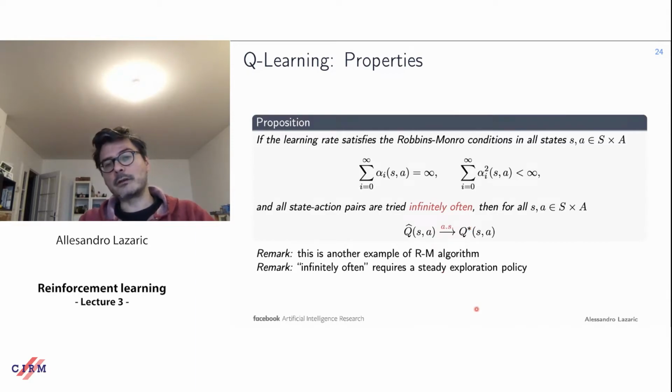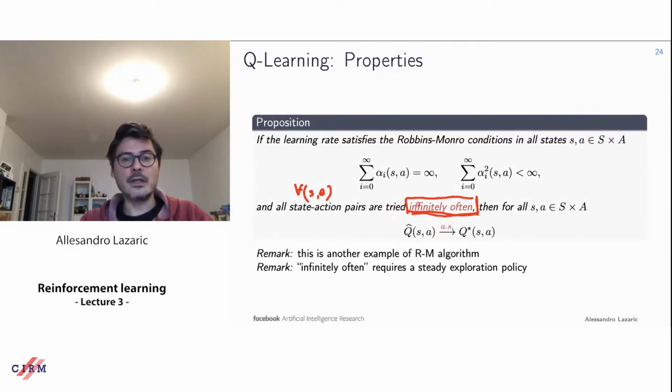Now, there is only one caveat here, which is very important, which is this one, that the first time you read it doesn't mean anything, honestly. It says all state-action pairs are tried or visited infinitely often. So let me just parse this "infinitely often" for a second.